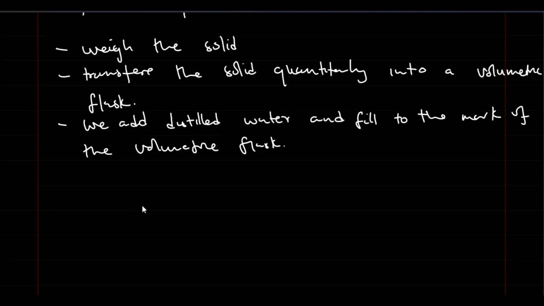Okay, so we use what we call a chemical balance. A chemical balance is like a scale for weighing compounds. Okay, it looks something like this, and then you put your weighing beaker here. So here the numbers, you can read 1.2 grams.